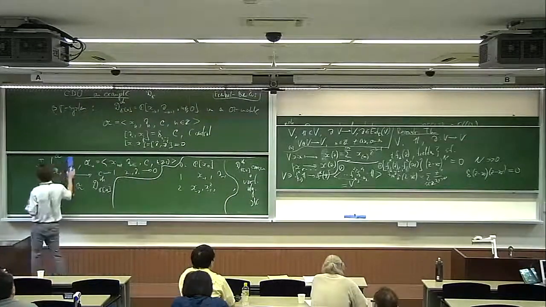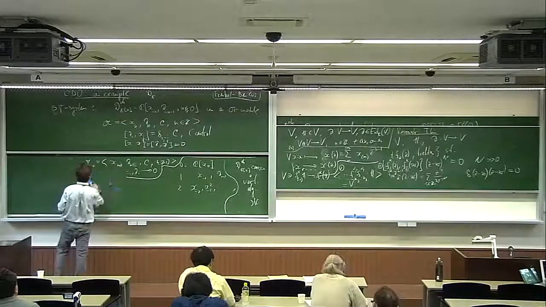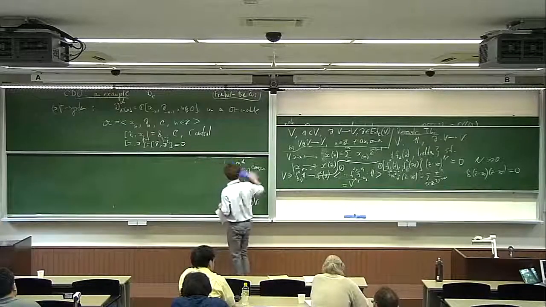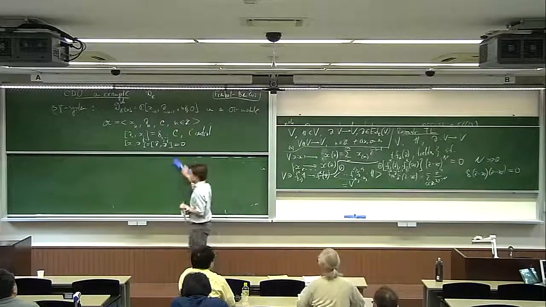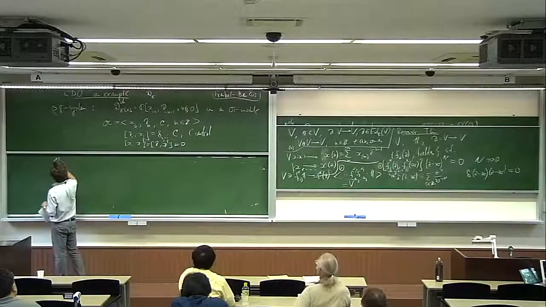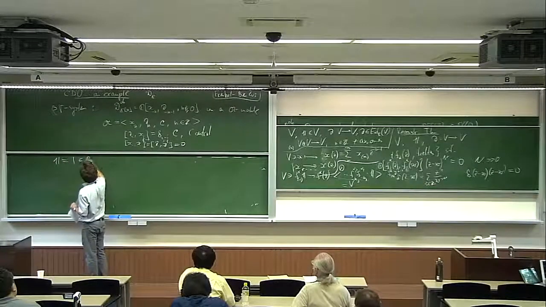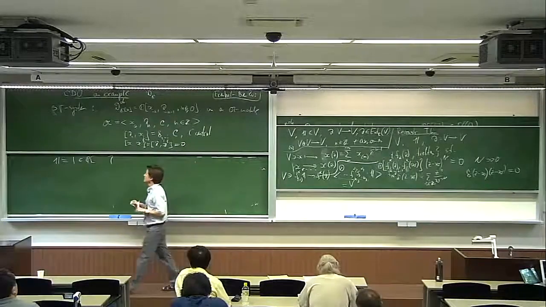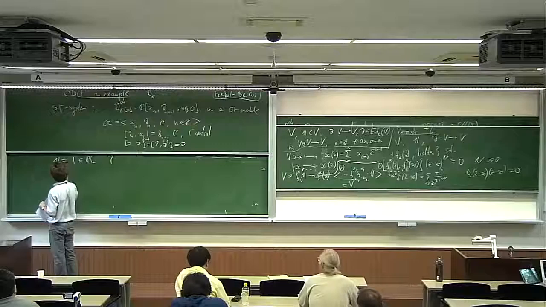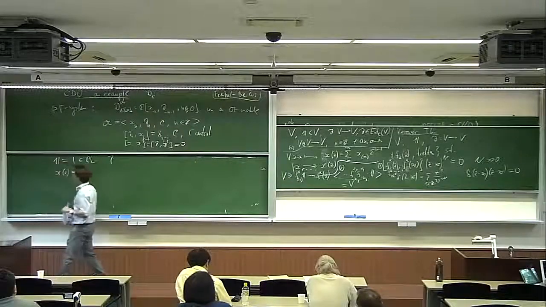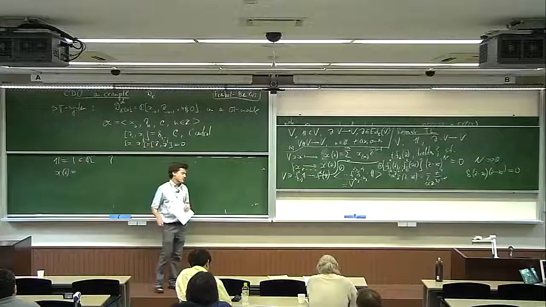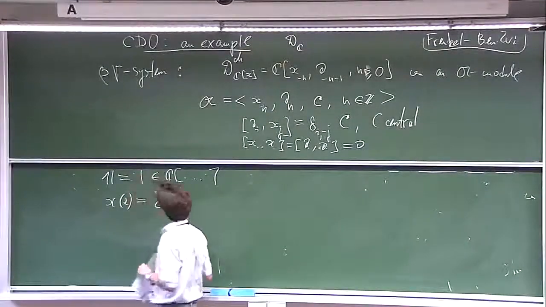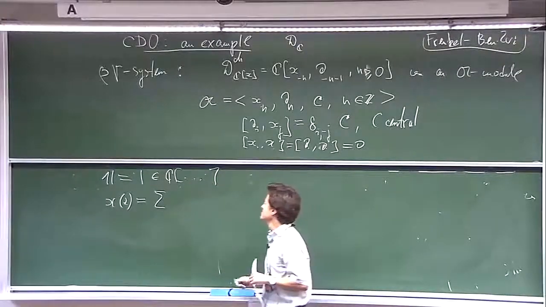So we need a set of fields that generate the whole thing from the vacuum. So the vacuum will be the unit in this polynomial ring, and we'll need only two fields. X of z will be the one that has already appeared. And there is, I'm sure, some importance in this coincidence, although at the moment, that's just a formal coincidence.